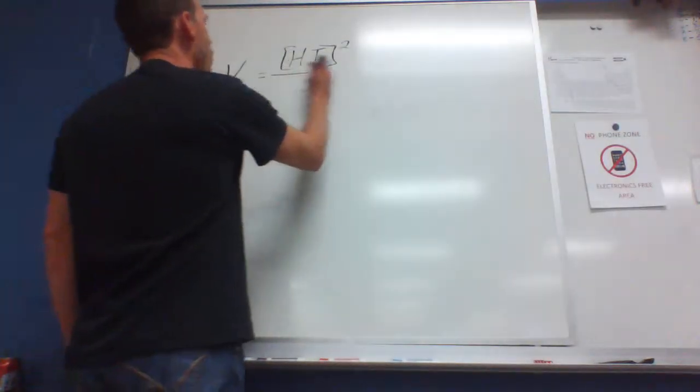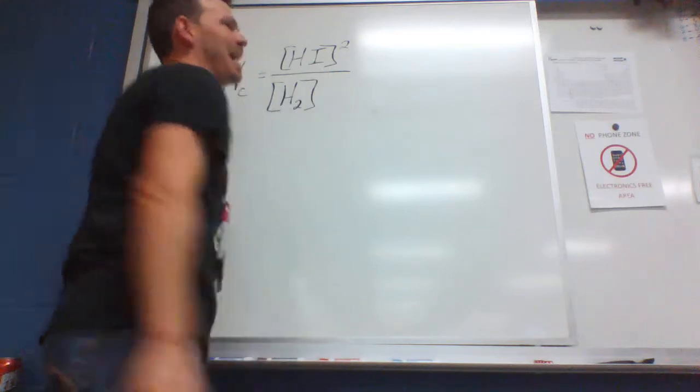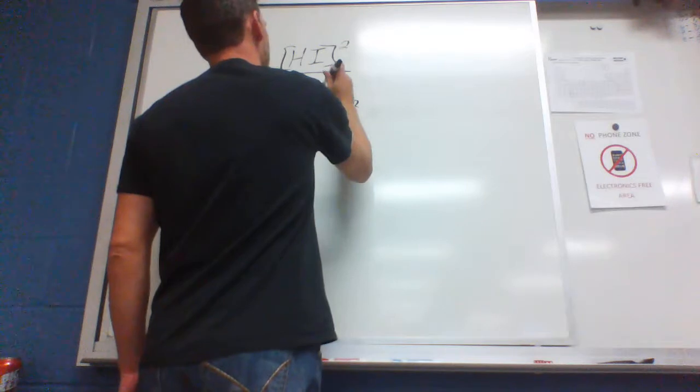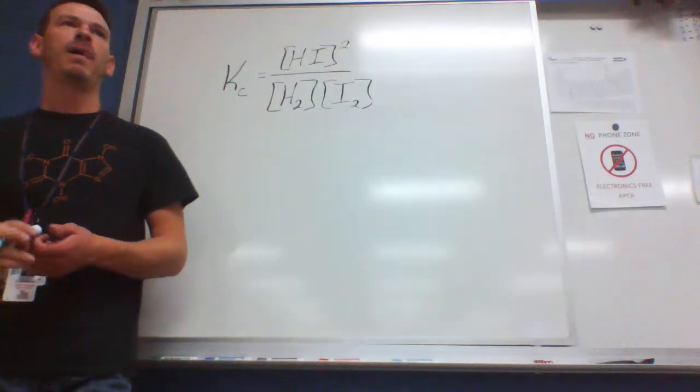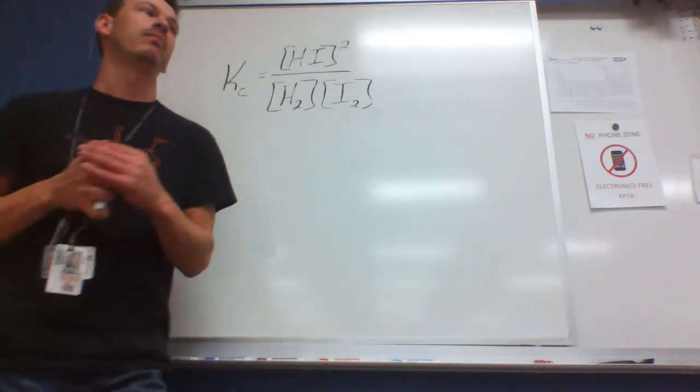They're all gases, so we can just go for all of them. Over the reactants, my first reactant is H2. My second reactant is I2. Again, everything's a gas. This is known as an unsubstituted equation. I just showed you what it looks like without putting numbers in it. Always do that.